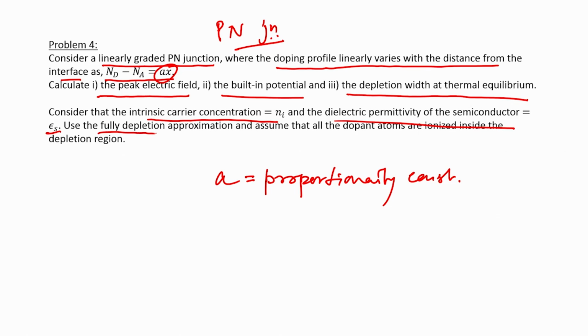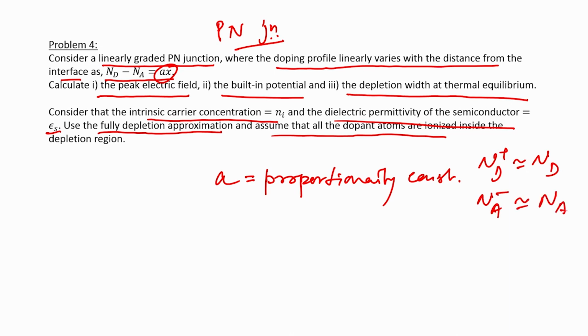First is the full depletion approximation, and the second is that you can consider that all the dopant atoms inside the depletion region are completely ionized. So you can consider that Nd plus is nearly equal to Nd and Na minus is nearly equal to Na.